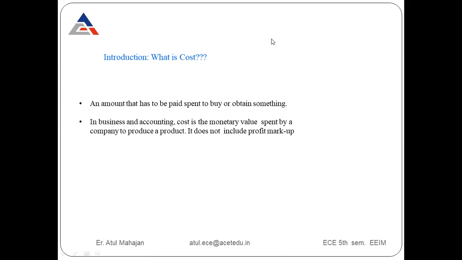Initially I have to invest some money, or spend some money in that venture first. And that investment or spending of money is known as cost.